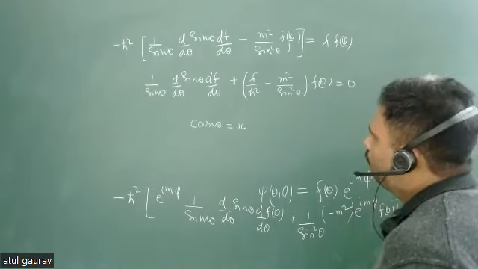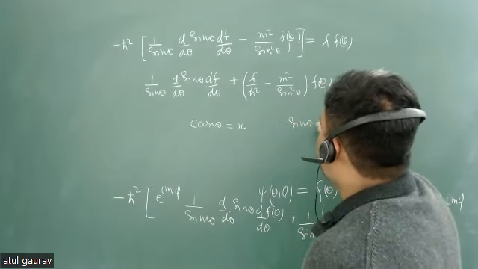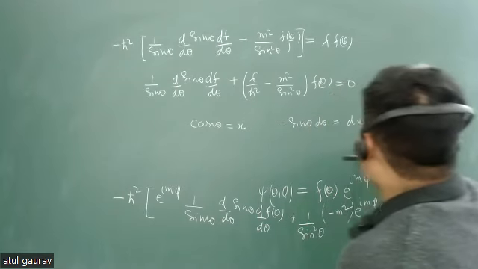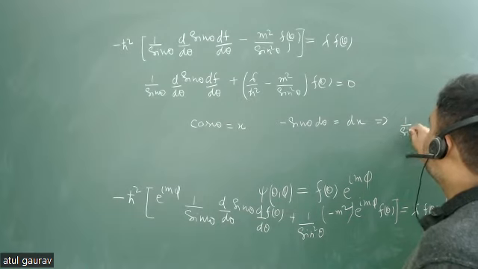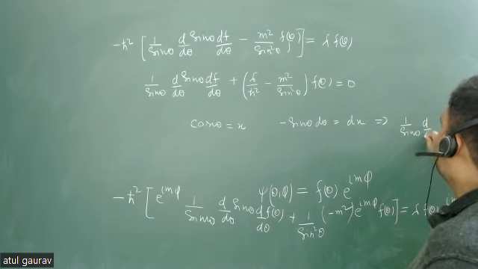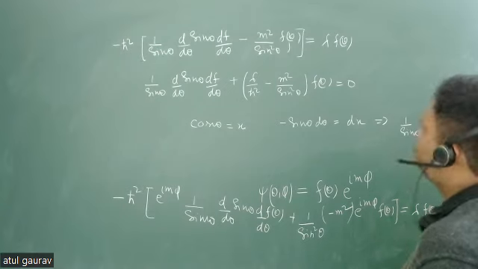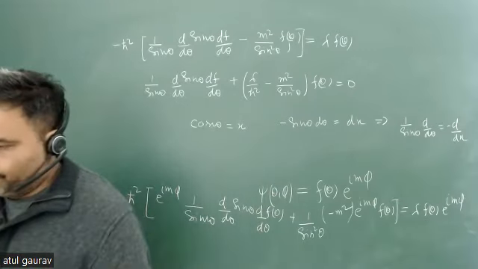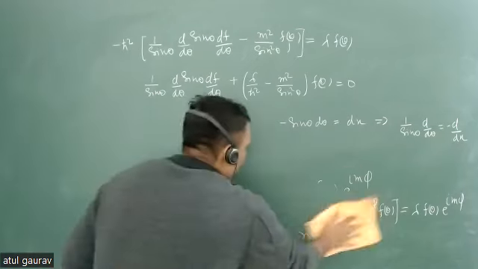Because we can have minus sine theta d theta is equal to dx, and from here we can easily write 1 upon sine theta d upon d theta is equal to minus d upon dx. लिख सकते हैं ना? Just by using the fundamentals of calculus. Yes. Okay.